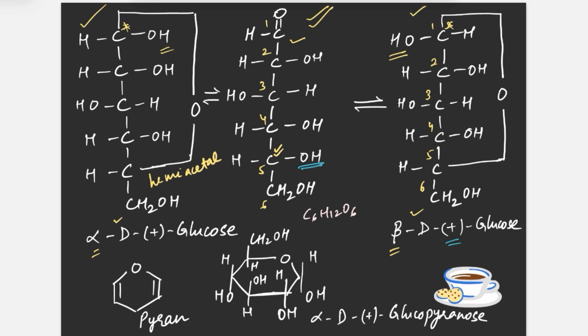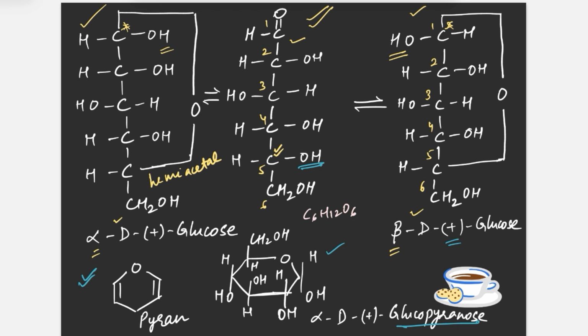Now the ring structure of glucose resembles the structure of pyran. So it is also called glucopyranose. अब यहाँ पे how to write the ring structure? Atoms or groups which are on the left hand side are written above the plane of the ring, and atoms or groups which are on the right hand side are written below the plane of the ring.